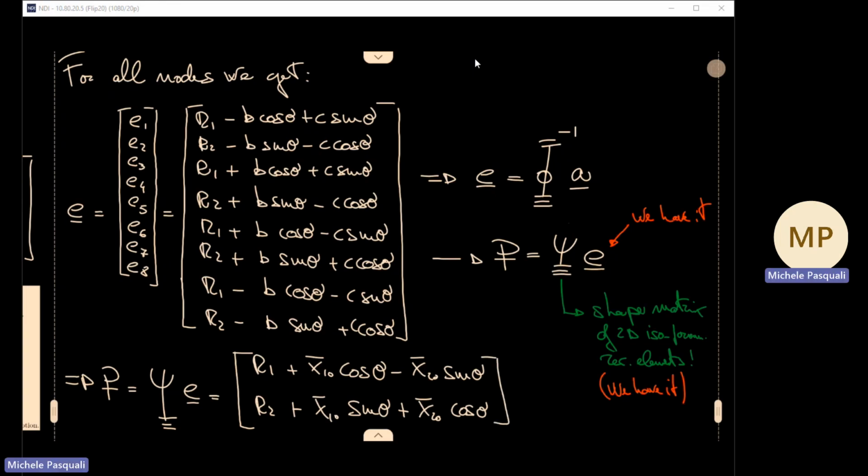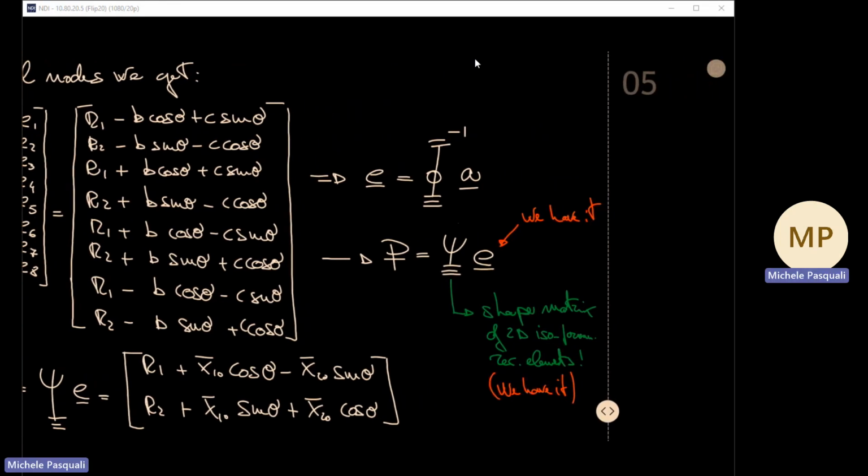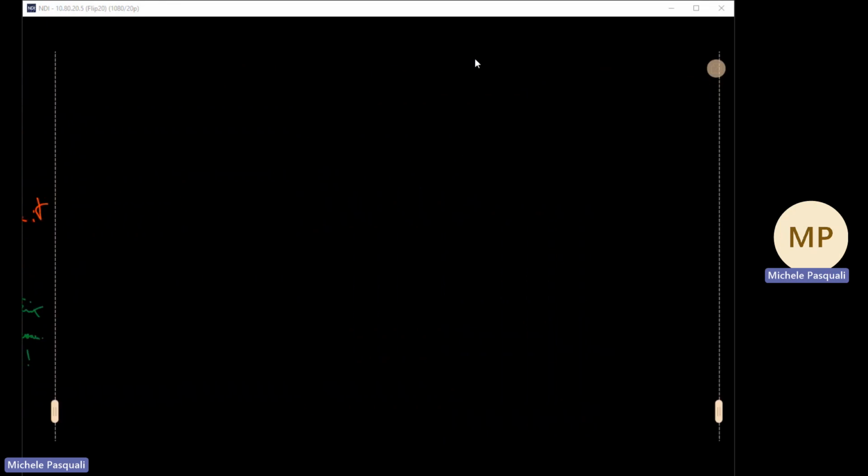Okay, this is your P. This is the displacement field of every general point within your 2D element in case of a rigid motion, for rigid motion only. In fact, as you can see here, there are no coordinates associated to deformation. Okay.